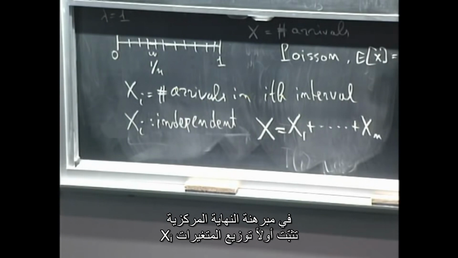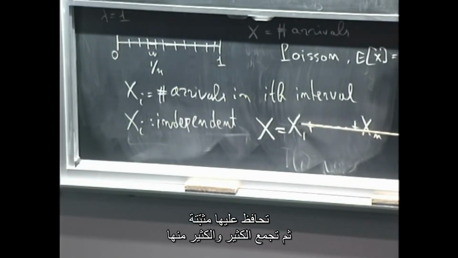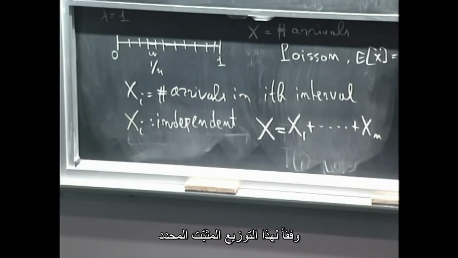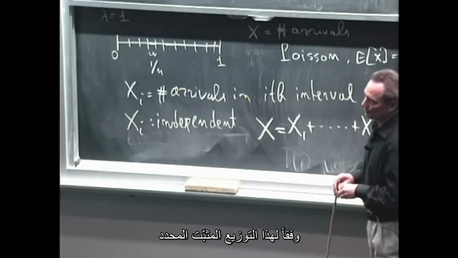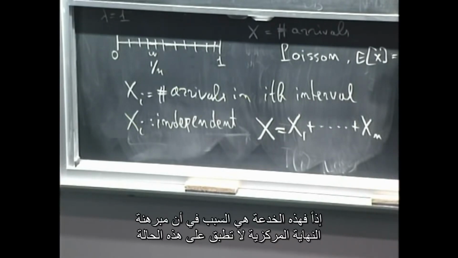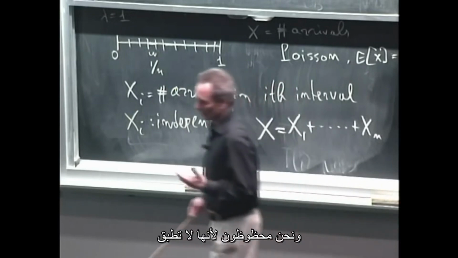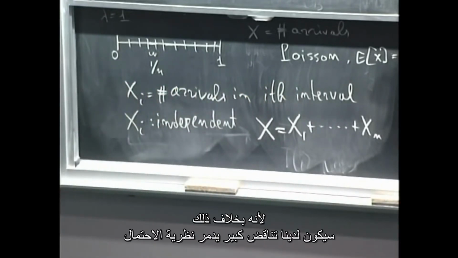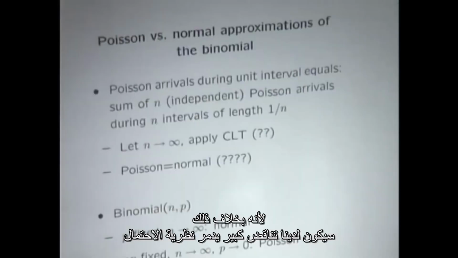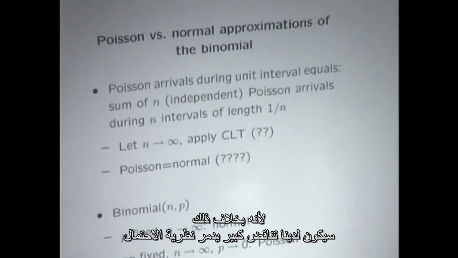In the central limit theorem, you first fix the distribution of the x's, you keep it fixed, and then you consider adding more and more according to that particular fixed distribution. So that's the catch. That's why the central limit theorem does not apply to this situation. And we're lucky that it doesn't apply, because otherwise we would have a huge contradiction destroying probability theory.